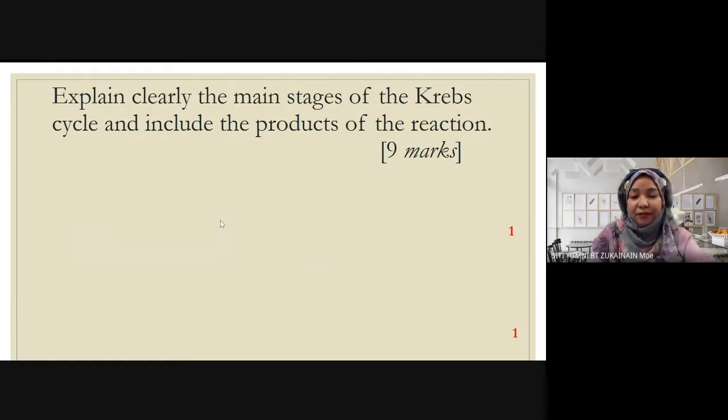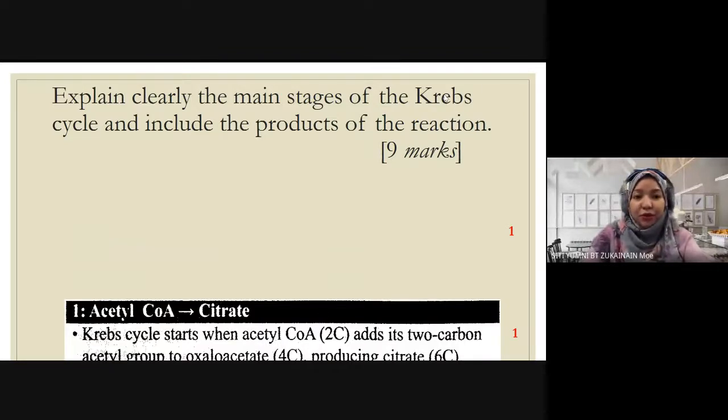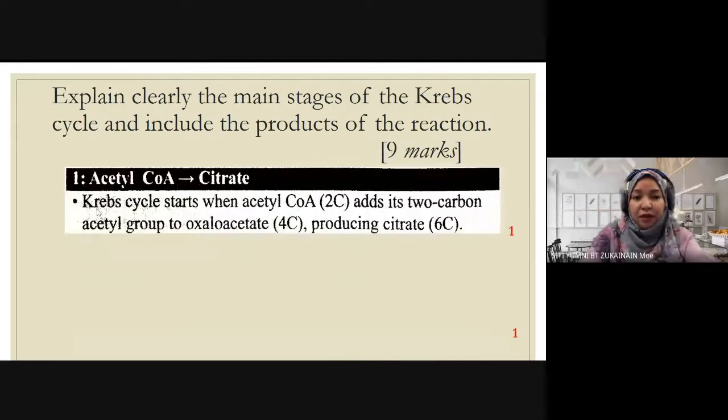As previously in the class, I already taught you how to answer the essay questions. You need to use OKH. O stands for the object. So what is the object in this question? It is the Krebs cycle. So you need to start your essay with the object.